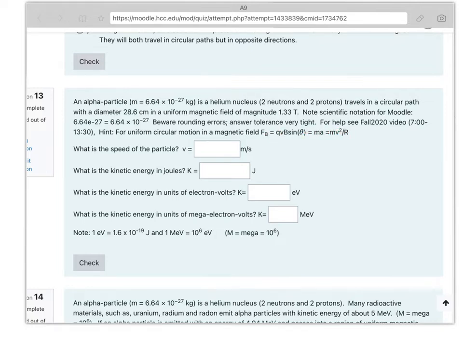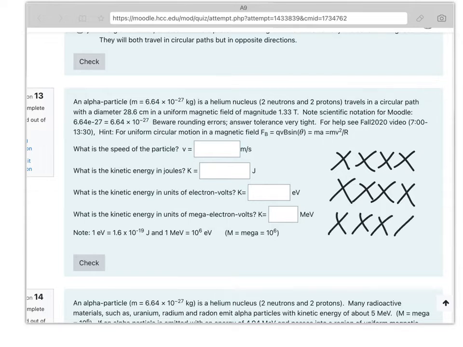So when a charge moves into a magnetic field, let's say we have a magnetic field going into the page, and the alpha particle is a particle with a charge of +2 times 1.6 times 10 to the minus 19 coulombs, right, times 2. There are 2 protons.